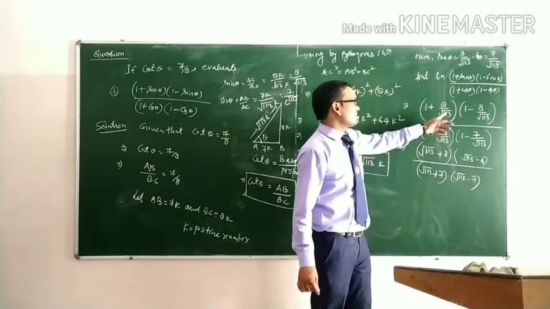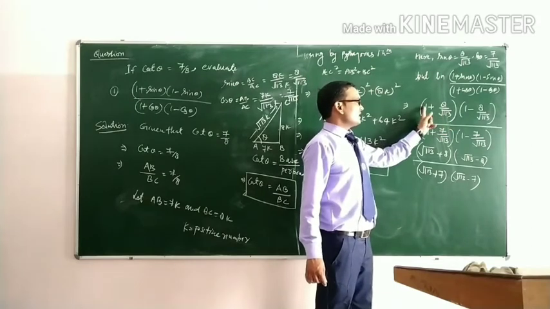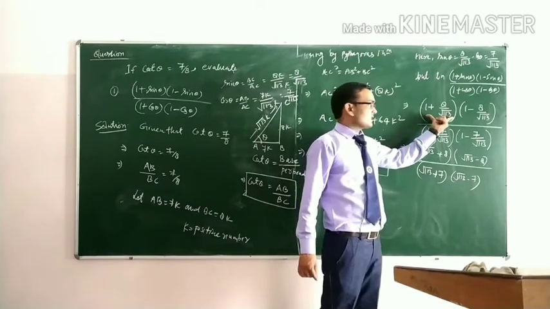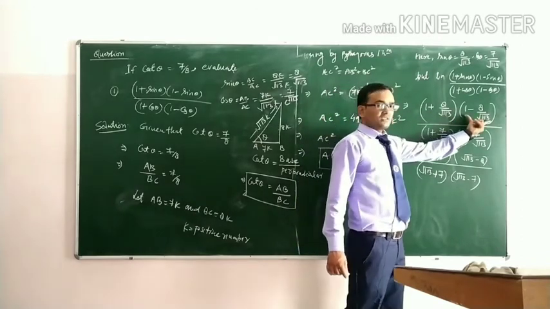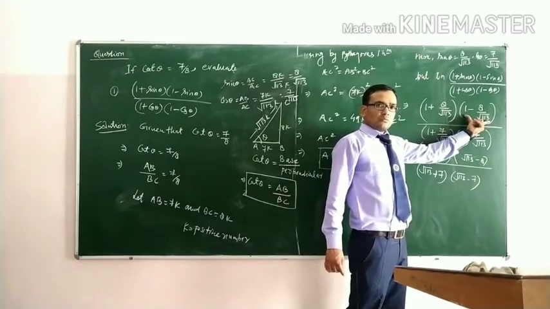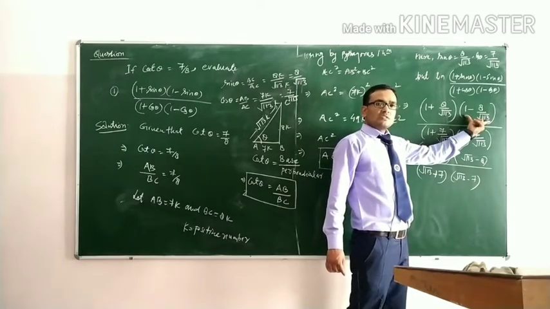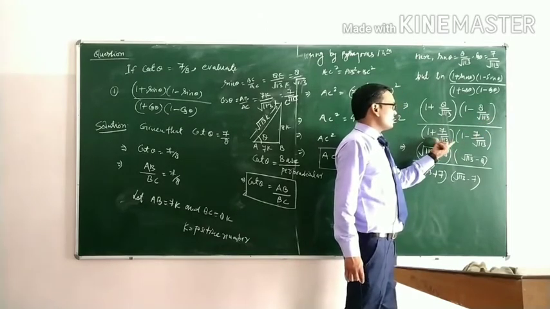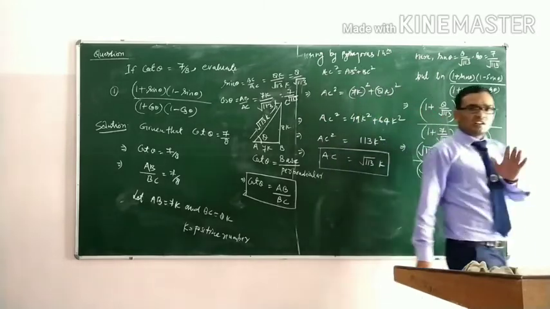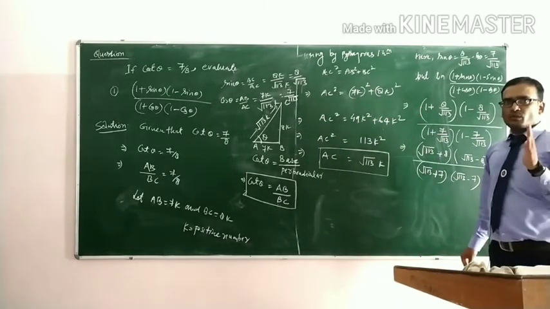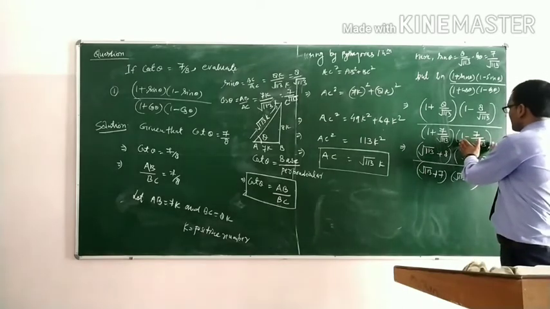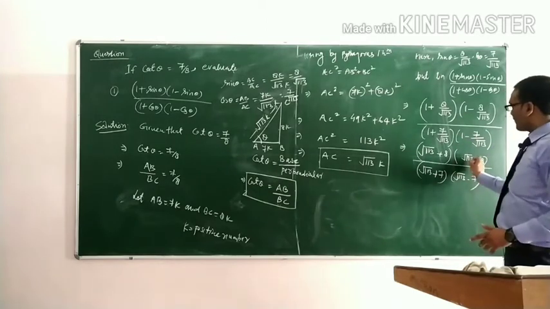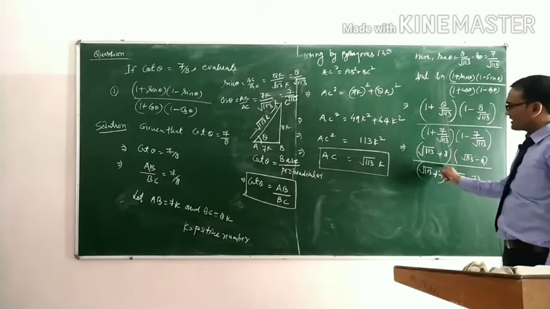Here we multiply by the denominator square root 113, and the denominators cancel.